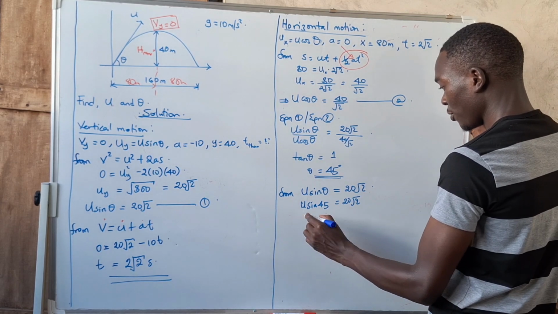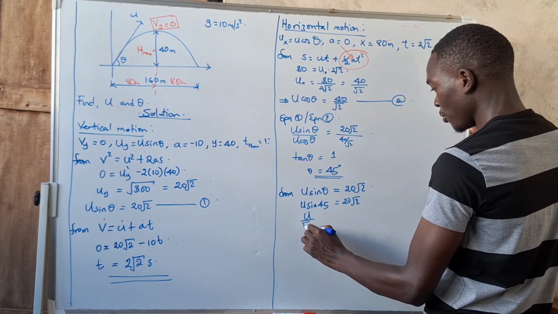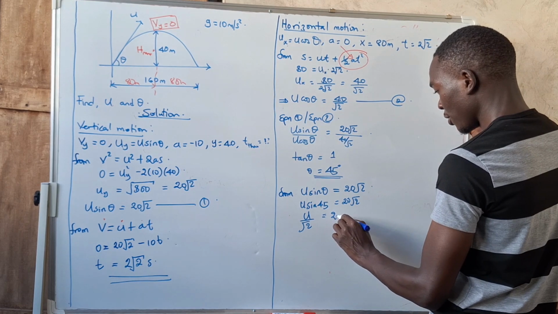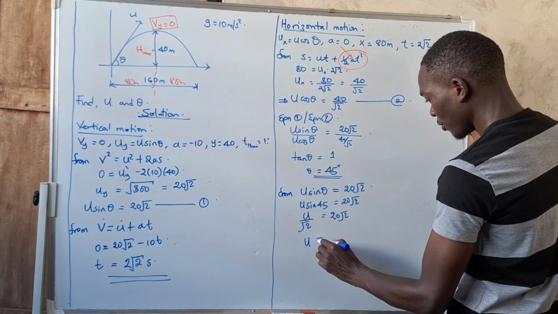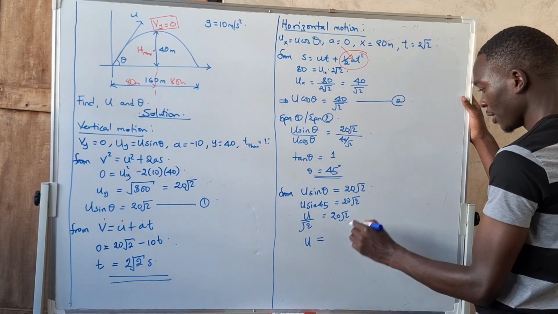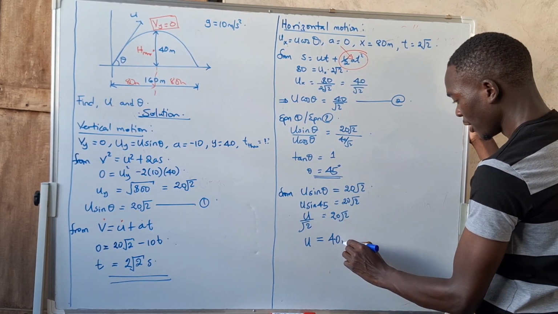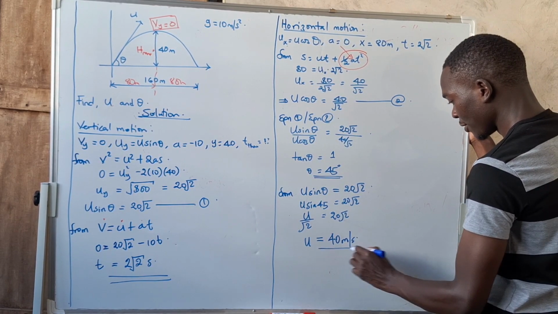But you know sine 45 is 1 over root 2. So u over root 2 is equal to 20 root 2, times root 2 both sides. We shall get our initial velocity u as 40 meters per second.